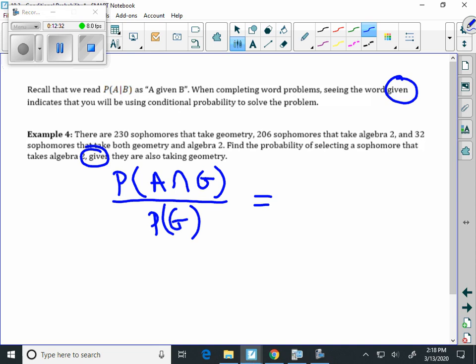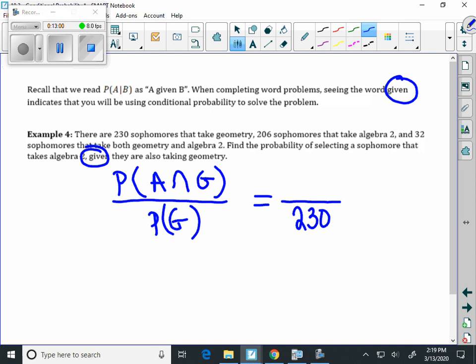So when we look up there, how many students are taking geometry? Well, that's our first number. It's 230. There's 230 sophomores that take geometry. 206 take algebra 2 and 32 sophomores that take both geometry and algebra 2.